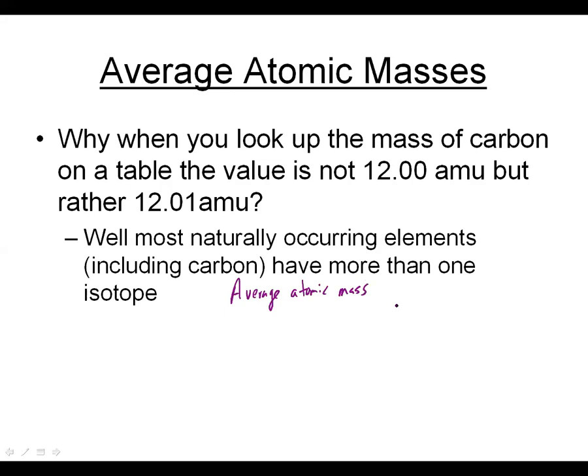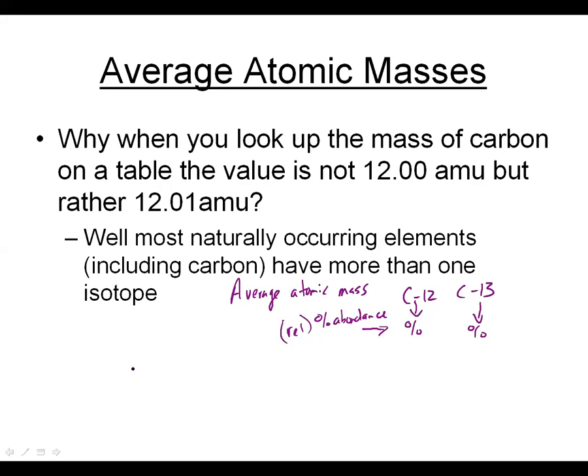So for example, when we look at carbon, there's the carbon-12 isotope and there's the carbon-13 isotope. And each of these occur at a sort of a different percentage, kind of naturally. And this is what is sometimes referred to as percent abundance or relative percent abundance.